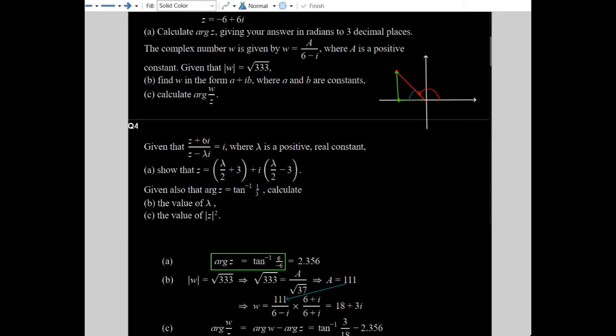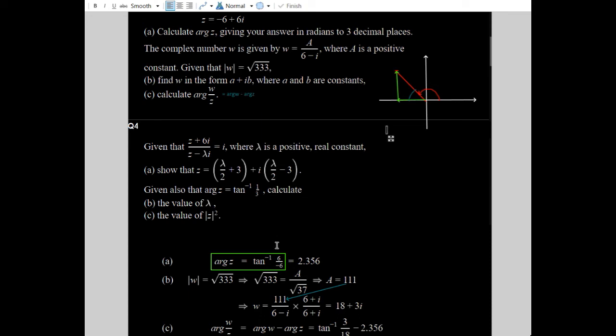Next, finally, calculate arg of w over z, which is the same as arg w minus arg z. The one thing to be aware of here is it does look as though it means the difference, and its magnitude will be the difference, but the direction can often be a little bit odd.